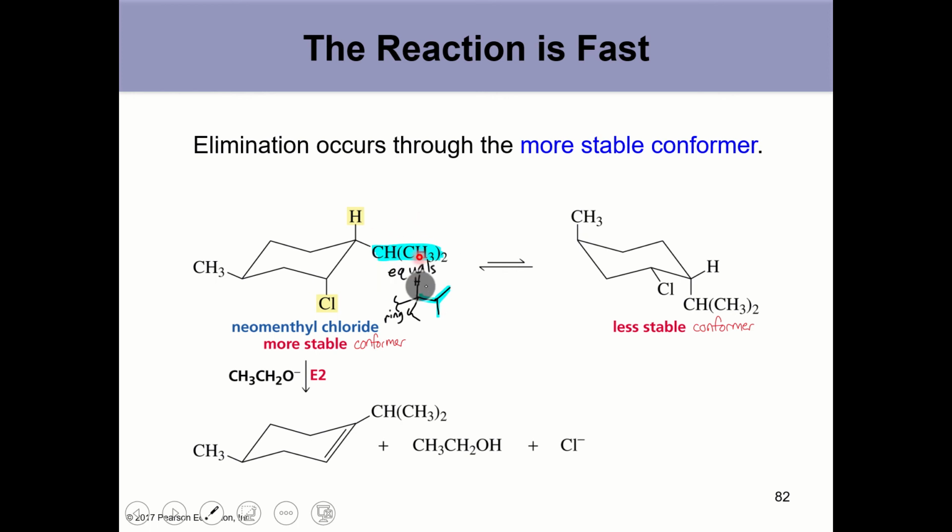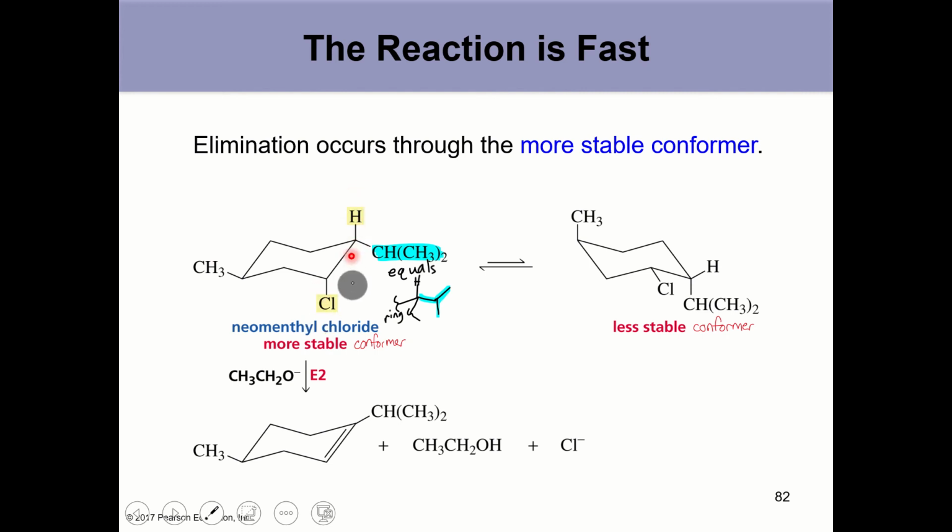This is the more stable conformer because these large carbon groups are equatorial. Now, with this being the more stable conformer, we note that the hydrogen that is eliminated and the chloride that is eliminated are anti and axial.